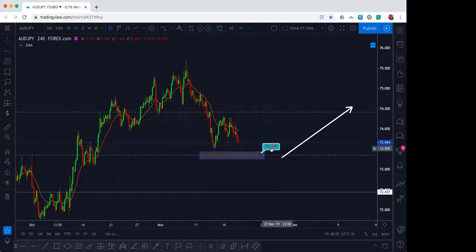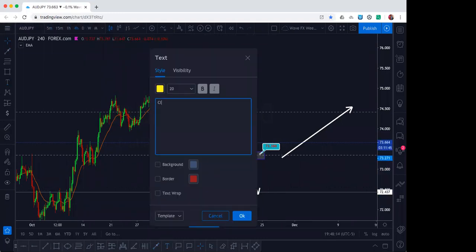Based on what the price does here, a close beneath this level, assess the market to come lower. So let's highlight that. Close below and bearish movement.